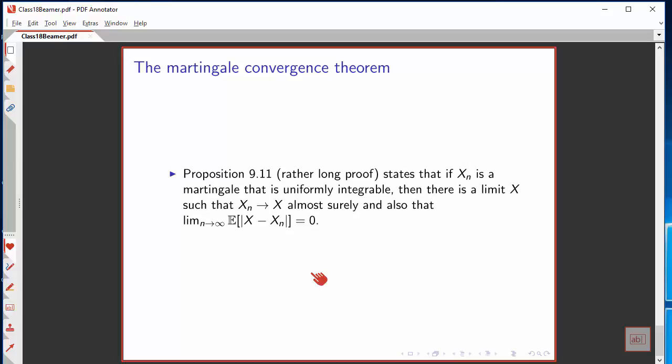Durrett actually proves the key result for convergence of martingales, and if you want to take a graduate level course in this topic, you can prove it too, but not in this course.